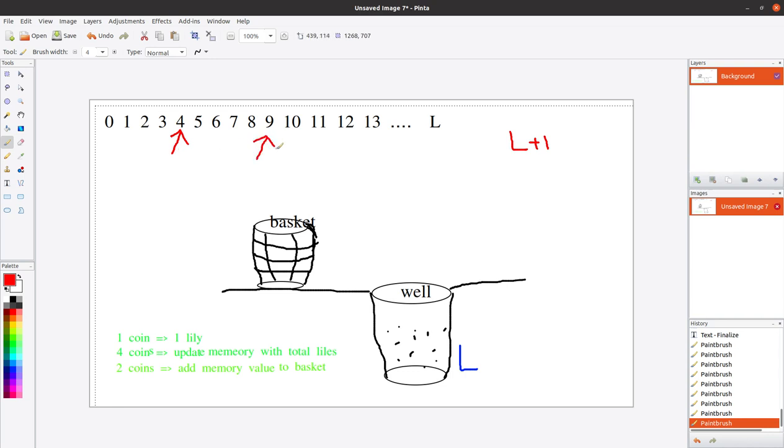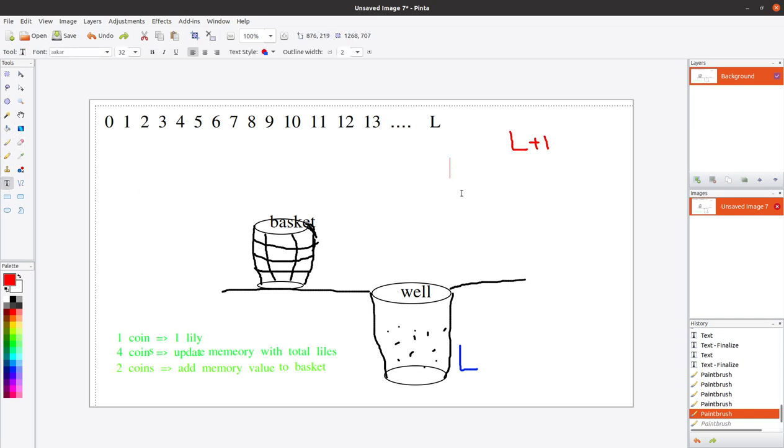At 9 we need to calculate the minimum number of coins required to move 9 lilies from the well to the basket. At L also it will store the minimum number of coins required to have the L lilies, and this will be our final answer.